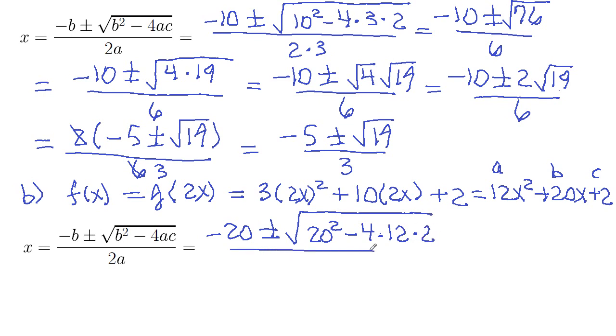And then all over 2 times a, so 2 times 12, 24. So let's simplify some here. 20 squared is 400, minus 4 times 12 is 48, times 2 is 96. So 400 minus 96, that's 304. So root 304, and then all over 24.